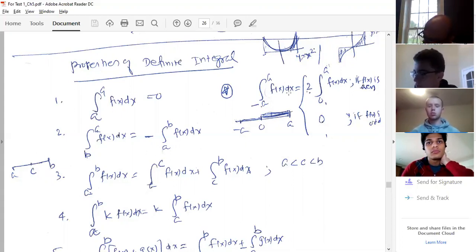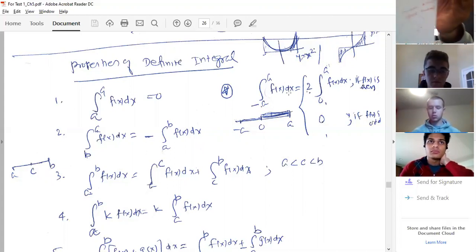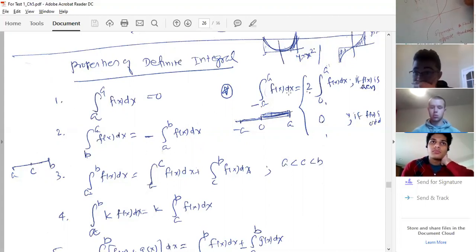So opposite quadrant, symmetric about opposite quadrants. Right? You can say the first and third quadrant figures are the same.